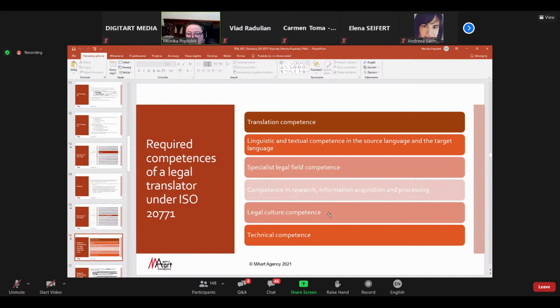And then you have the legal culture competence, which is a little bit like specialist legal field competence, except that specialist legal field competence is more about the genre conventions associated with specific systems and specific language conventions. But in legal culture competence, it's more about the systems and understanding how different concepts might be referred to in different cultures.